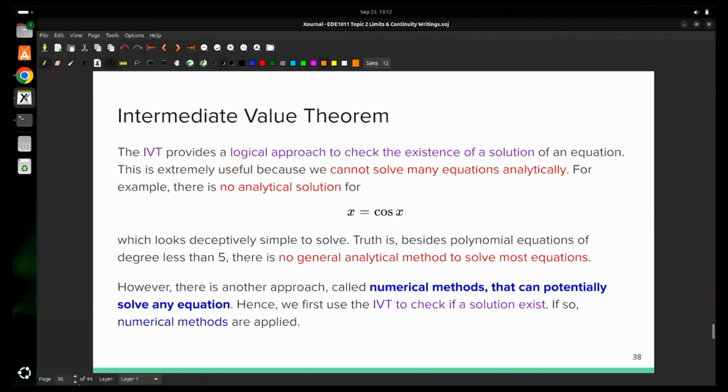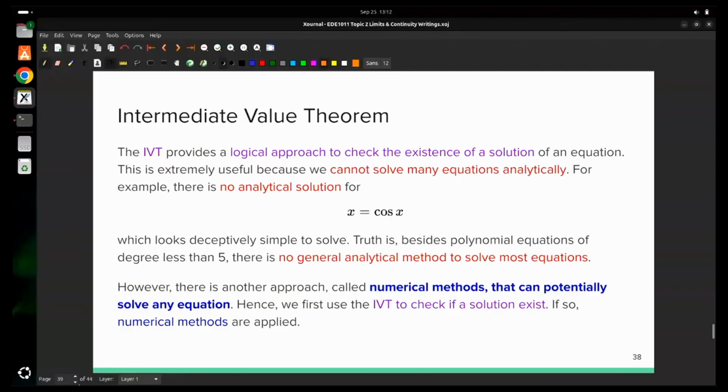So actually this intermediate value theorem is one of the first steps that you need to apply before you try to solve an equation. If you realize, when you try to solve an equation, most of the time we can only solve very simple equations.